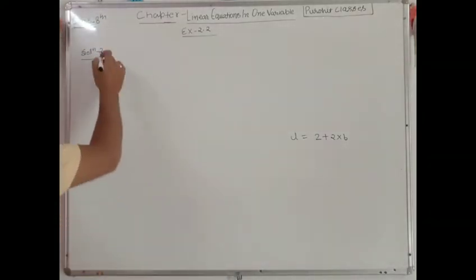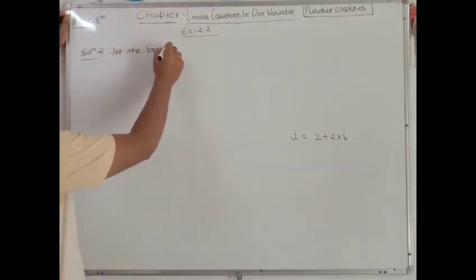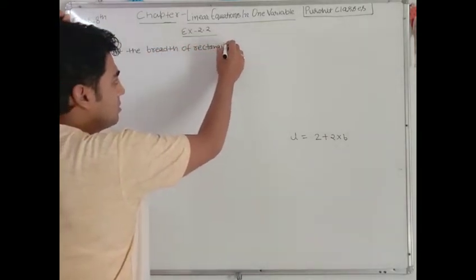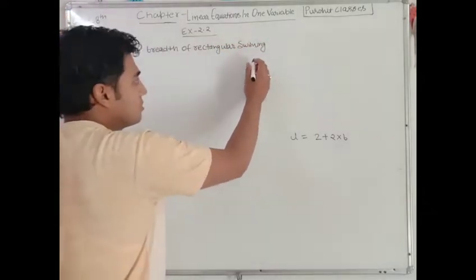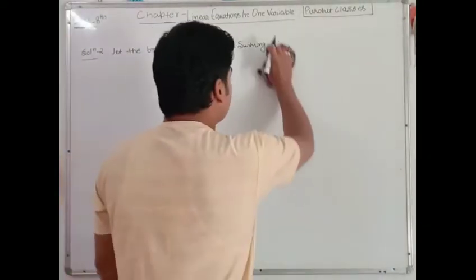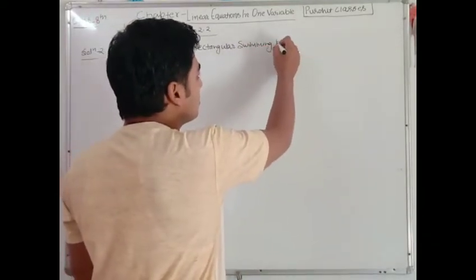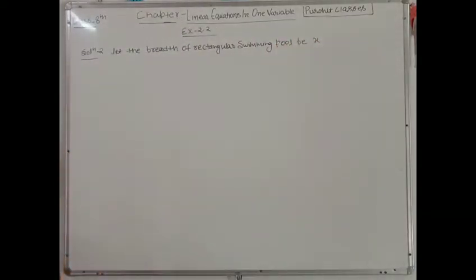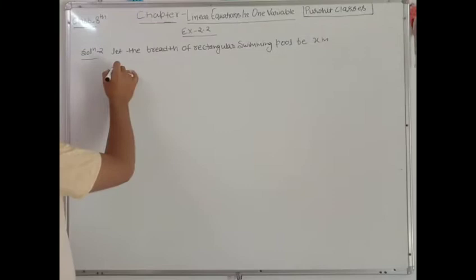Okay, so let me assume, let the width of the rectangular swimming pool be x, and we should also mention the unit, and all the units are in meters, so this will be x meter.